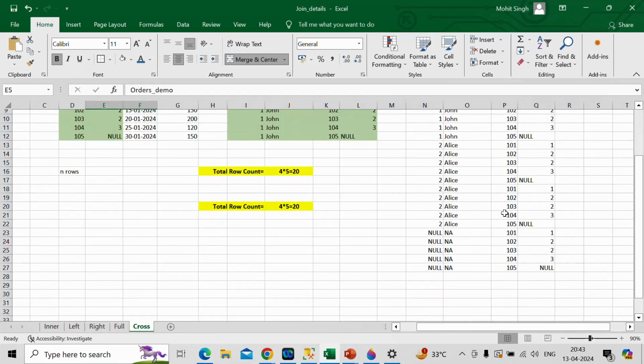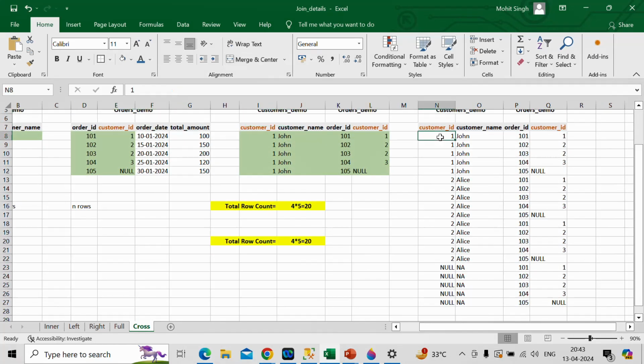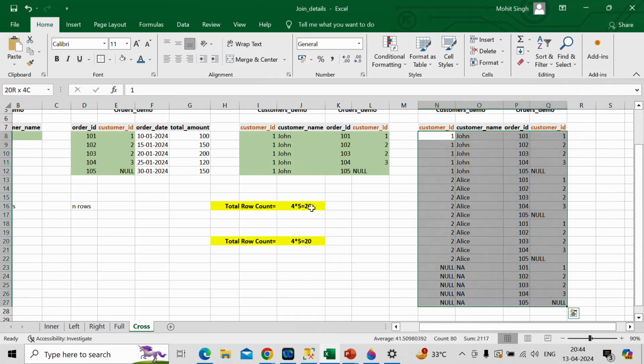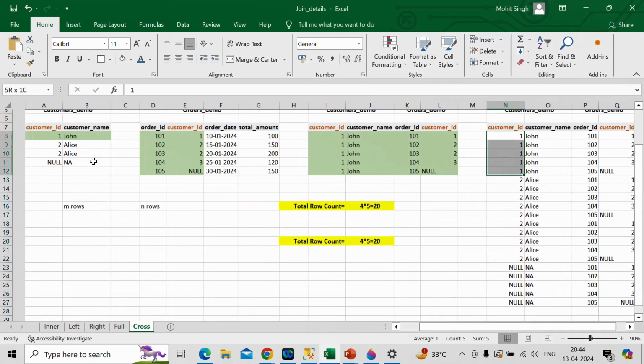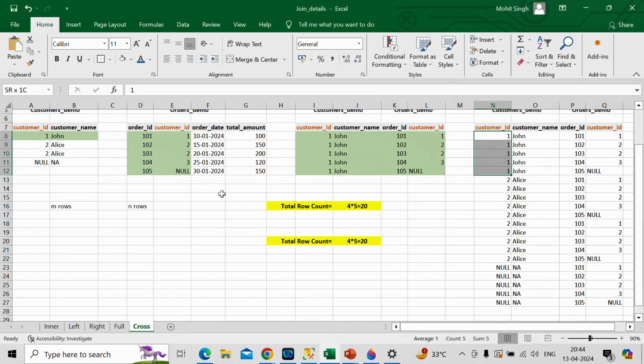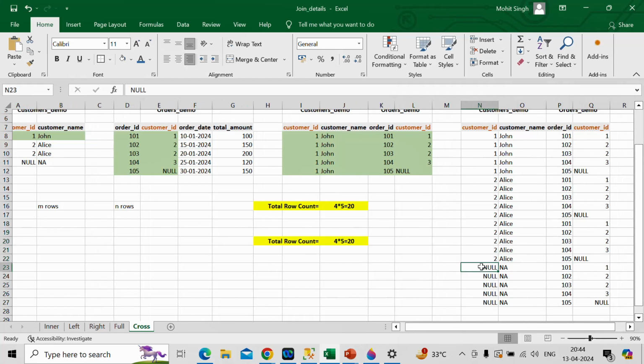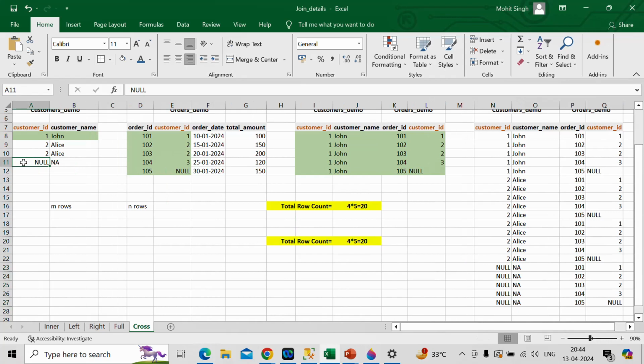Okay, and that's what we are getting in output here. Okay, so these 5 are for first row of customers table. These 5 rows are for second row of customer table. Next 5 rows are for third row of customer table. And last 5 rows are for fourth row of customer table.